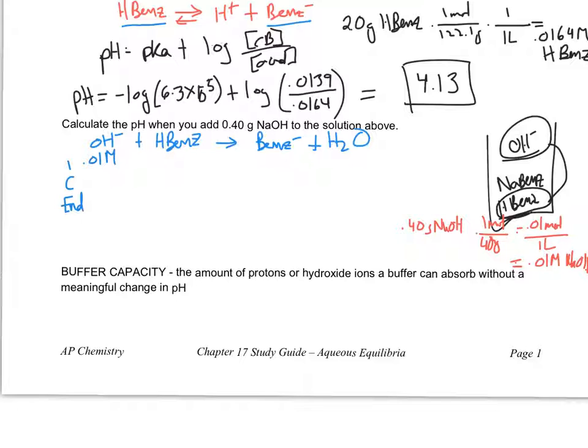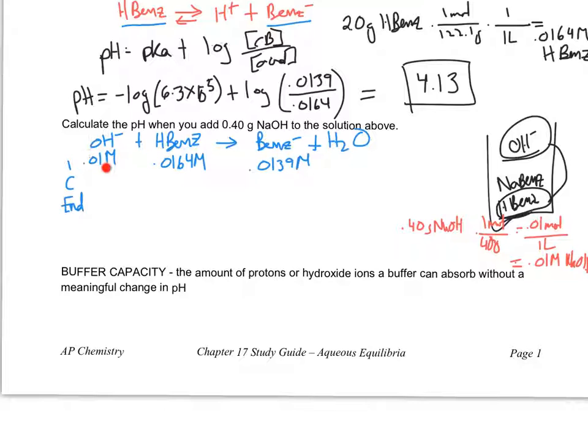My benzoic acid I know is 0.0164 molar from the above calculation. My benzoate is 0.0139 molar. And so what I do is I check which one's my limiting reactant.